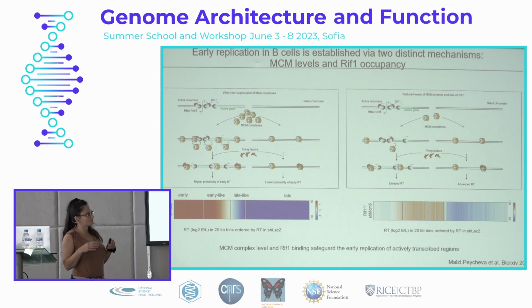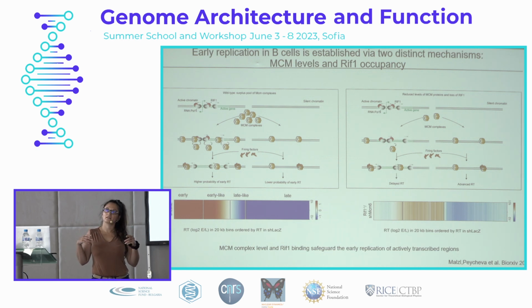And we think this is very important to safeguard and mediate the early replication of the actively transcribed genes, because a delay of replication timing would be associated with accumulation of mutations and some cancer transformation.